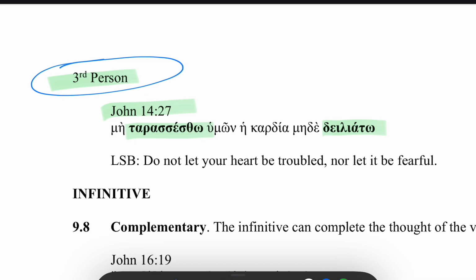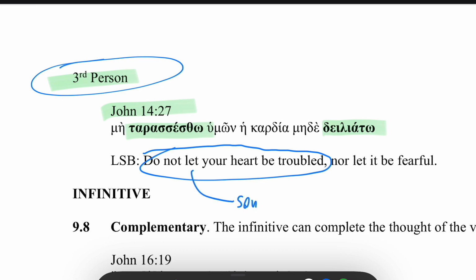In English, this translation, do not let your heart be troubled, we hear that, and that sounds second person. But it's not.